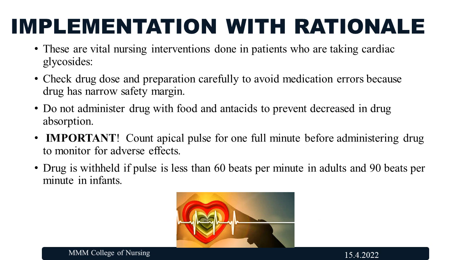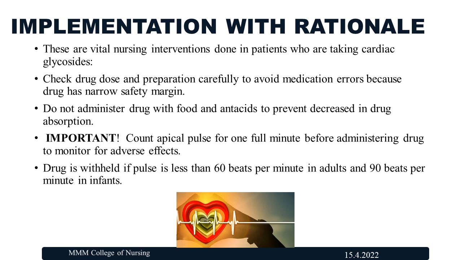These are vital nursing interventions done in patients who are taking cardiac glycosides: prepare the drug carefully to avoid medication errors, and administer the drug with food and antacid to prevent a decrease in drug absorption. It is important to note, 1 full minute before administering the drug, to monitor for adverse effects, we have to assess the pulse.